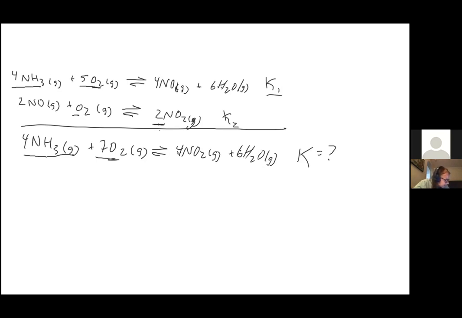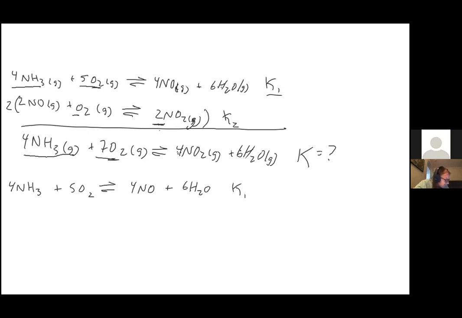So I'm going to double everything. And you know what that's going to do? That's actually going to fix the O2. Forgive me for leaving the states of matter out here, but I just want to show you how the numbers work out. We don't use the states of matter in our calculation here anyways, right?